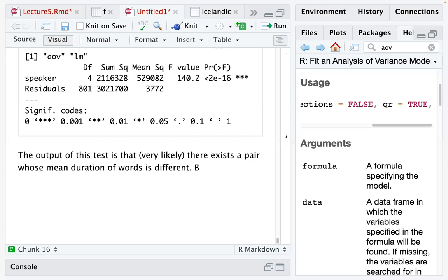But it doesn't tell you which one in particular.